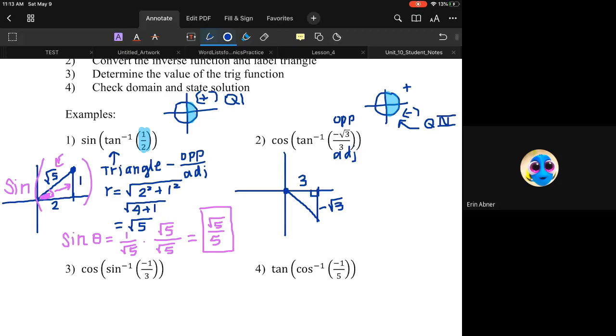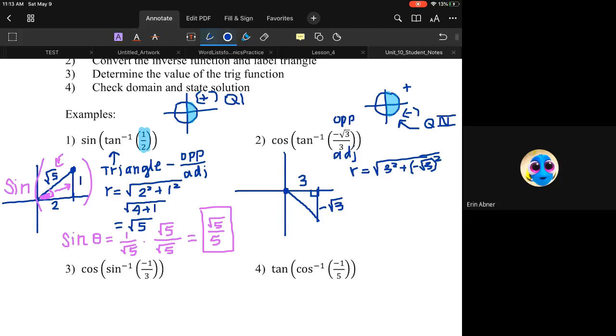So my R is equal to the square root of 3 squared plus the negative square root of 3 squared.